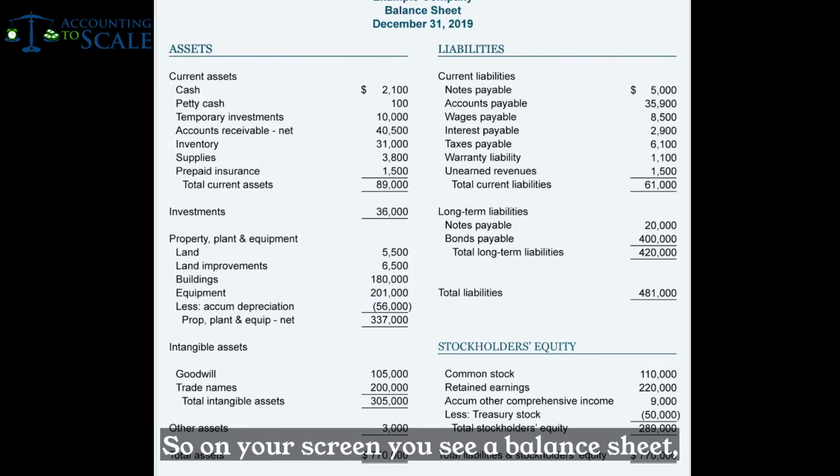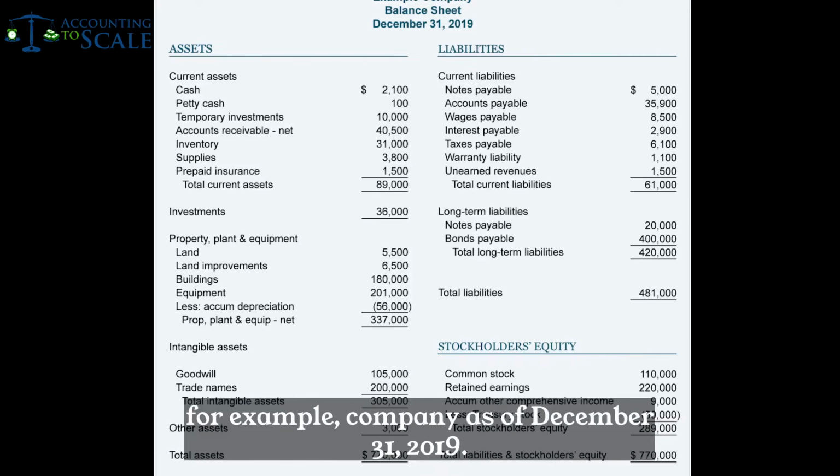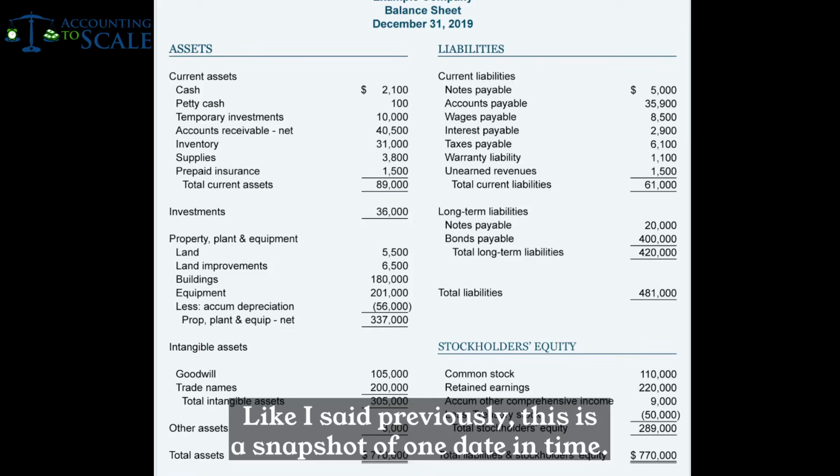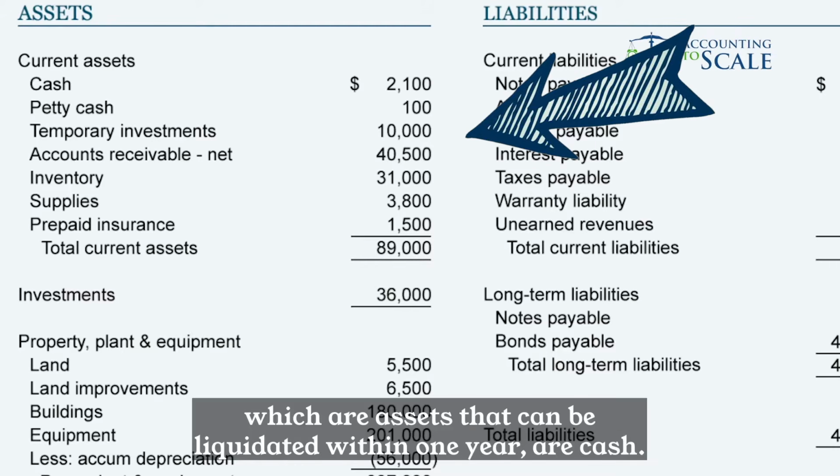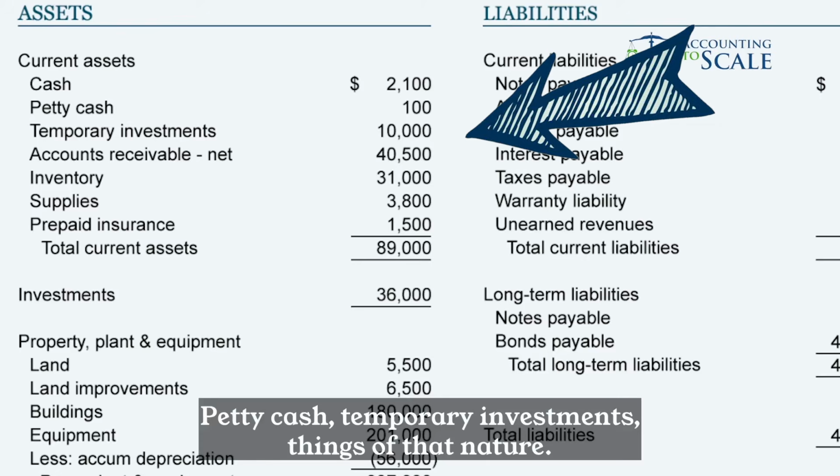So on your screen, you see a balance sheet for example company as of December 31st, 2019. Like I said previously, this is a snapshot of 1 day in time. The current assets of this company, which are assets that can be liquidated within 1 year, are cash, petty cash, temporary investments, things of that nature.